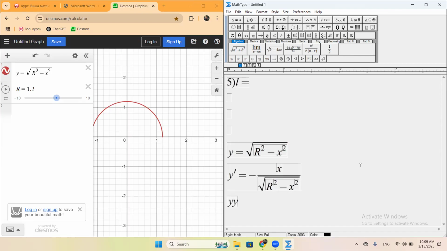So y prime squared equals x squared over r squared minus x squared.